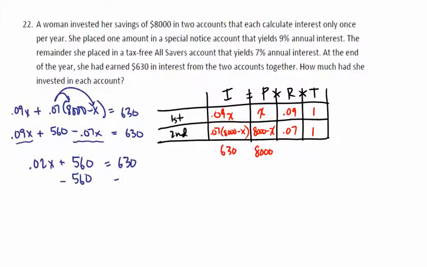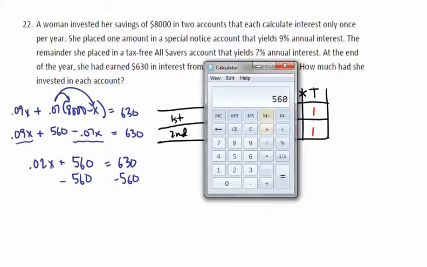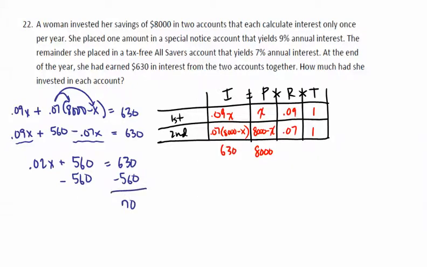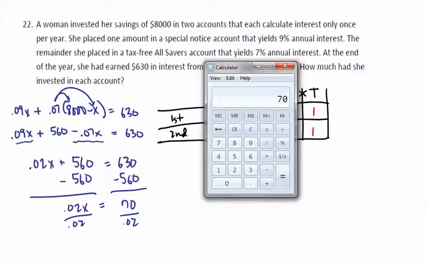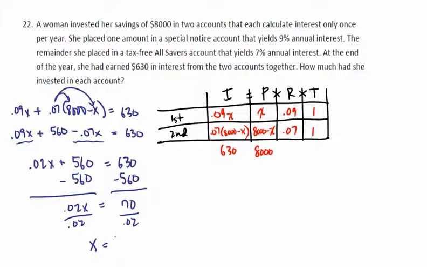Subtracting 560 from both sides, 630 minus 560 is 70, and 0.02x, dividing both sides by 0.02, 70 divided by 0.02 is 3,500. So x equals 3,500.